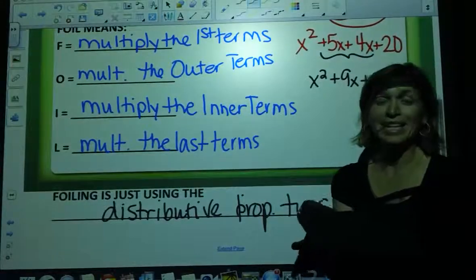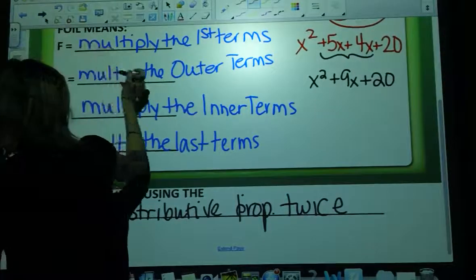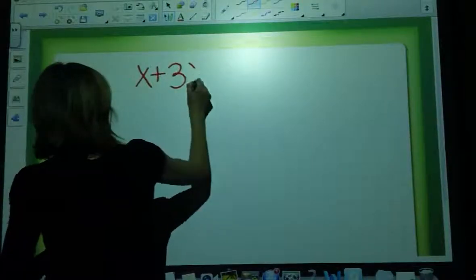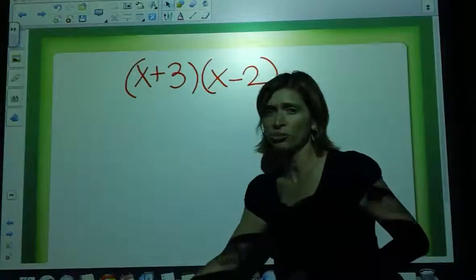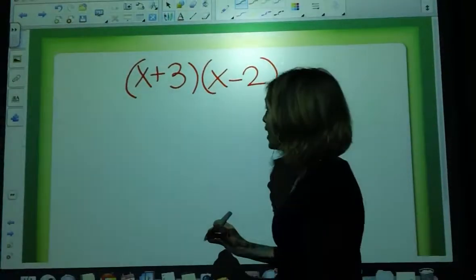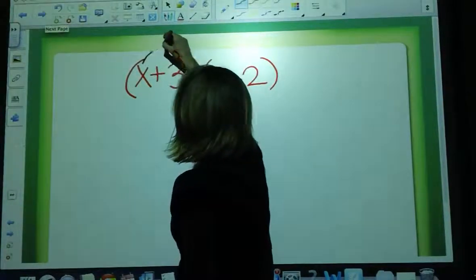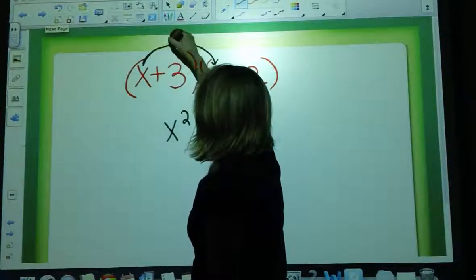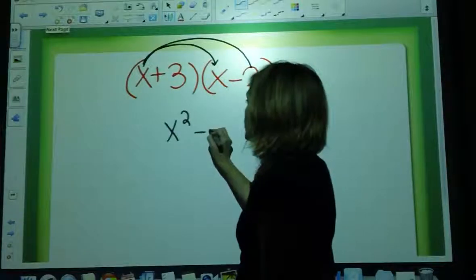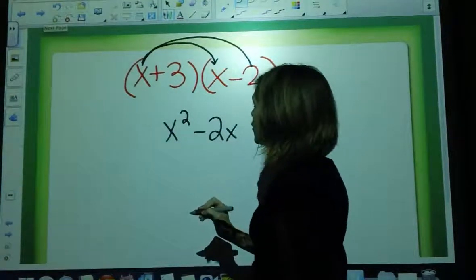All right, so let's try another example. Let's try B. X plus 3 times x minus 2. X plus 3 times x minus 2. Okay, so we're going to FOIL. We're going to do the first terms, x squared. The outer terms, x times negative 2 gives me negative 2x. Okay?